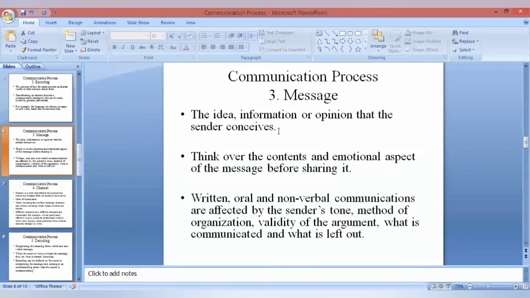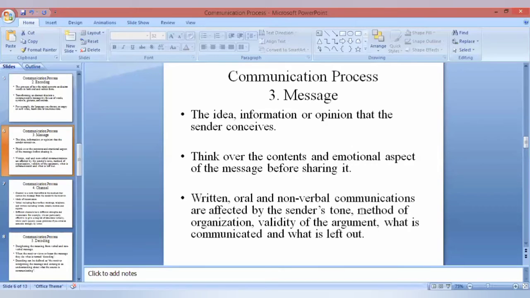So it plays an important role in the communication process. All these forms of communication, written, oral, and nonverbal, are affected by the sender's tone.